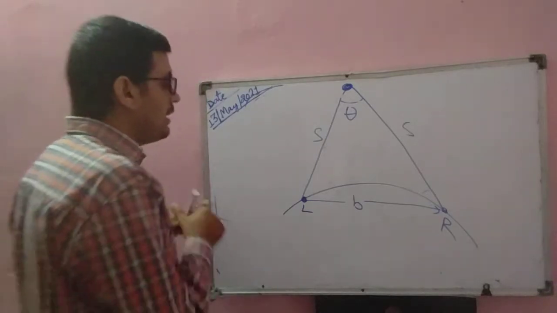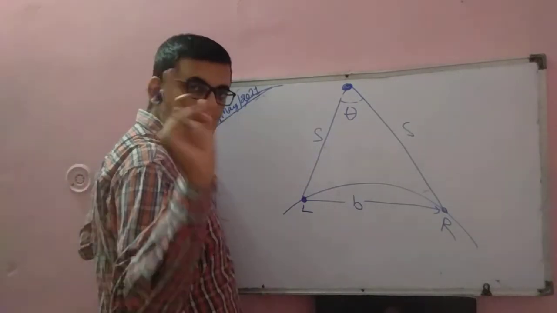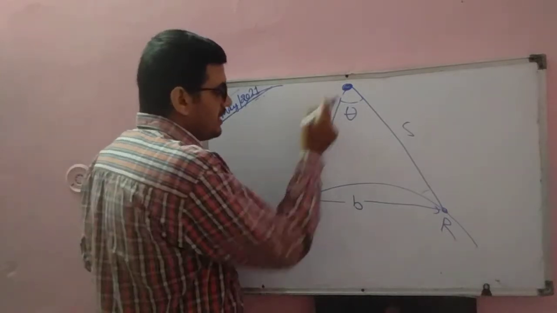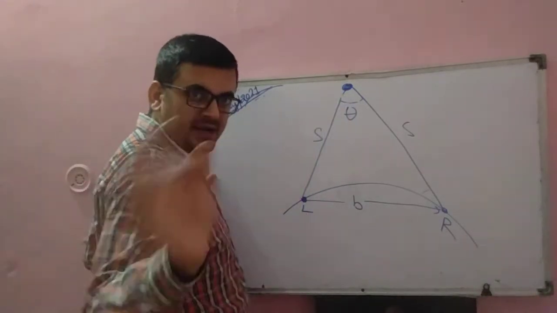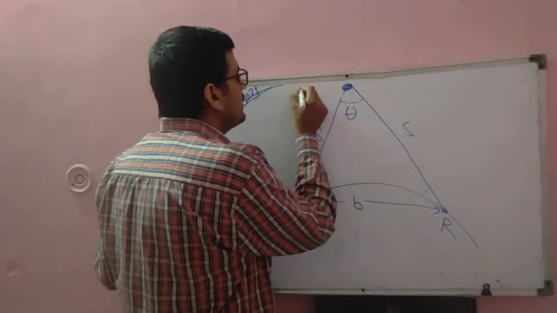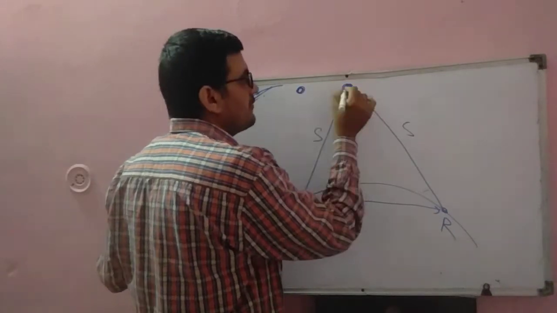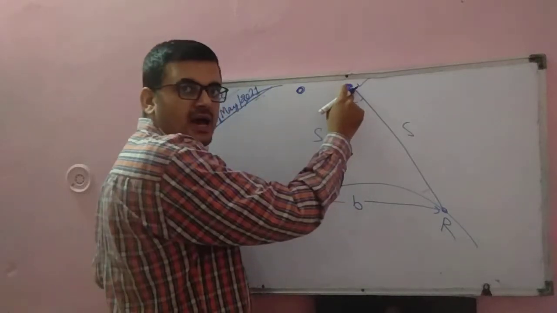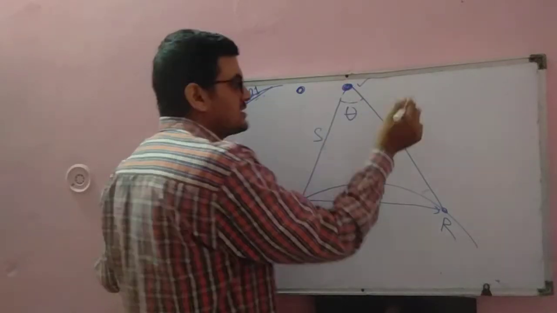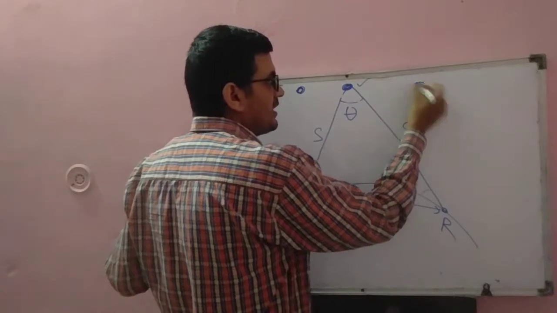Student, what we will do is take another object or another star which is at comparatively the same height as our target star. This one is our target star. I have taken one star here, and another star here.